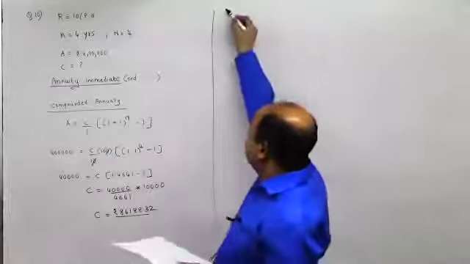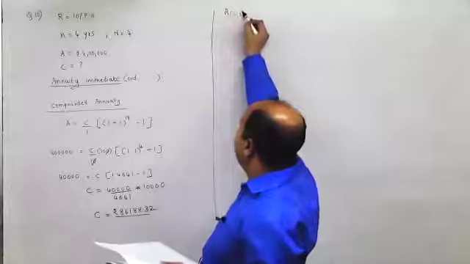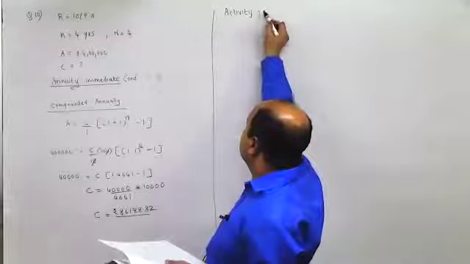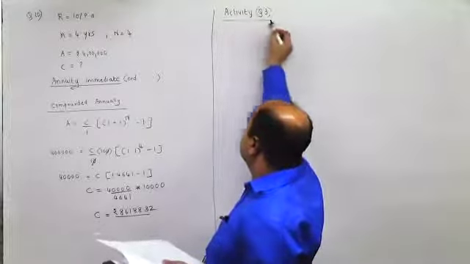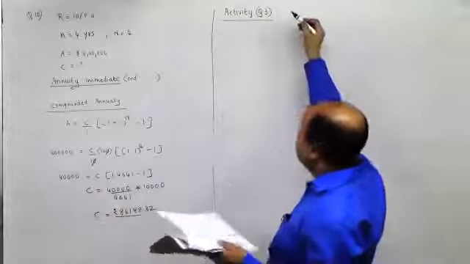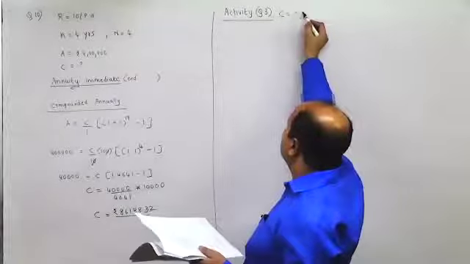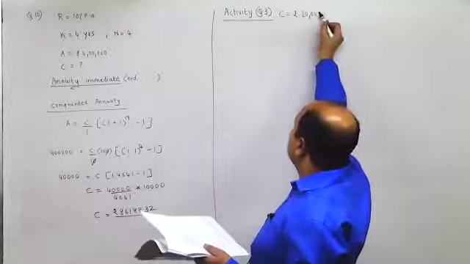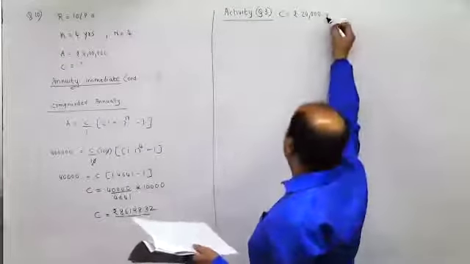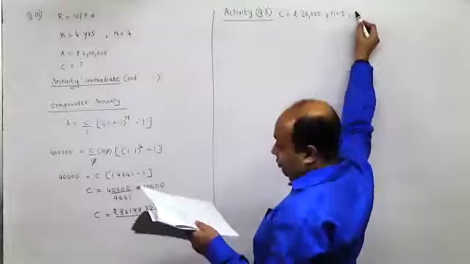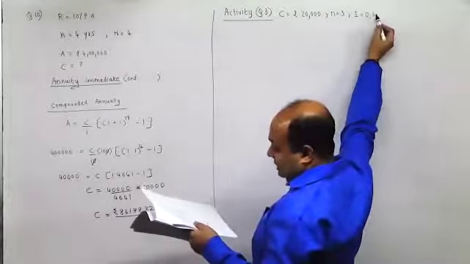Come to activity question number 3. C is 20,000. N is 3. I is 0.1.